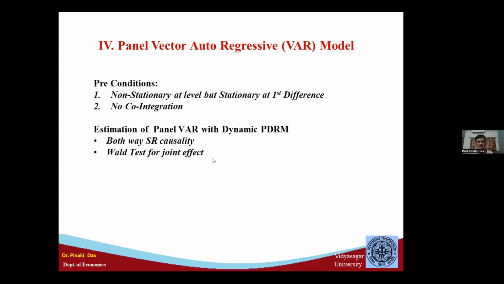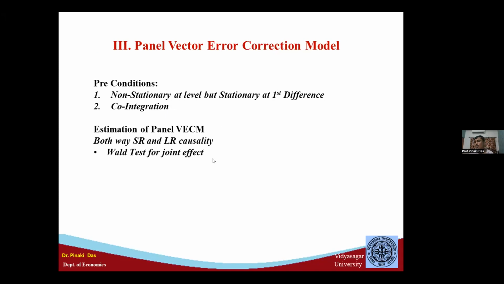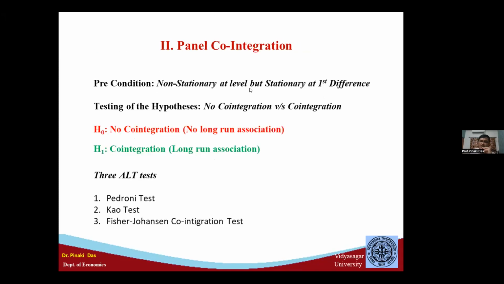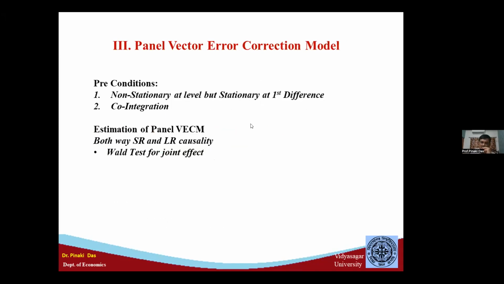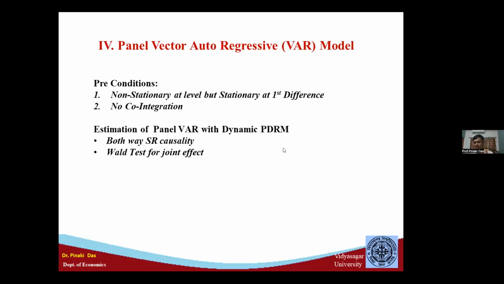Okay, now we can apply this methodology: panel unit root test, panel co-integration, VECM model and VAR model with the help of EViews software.